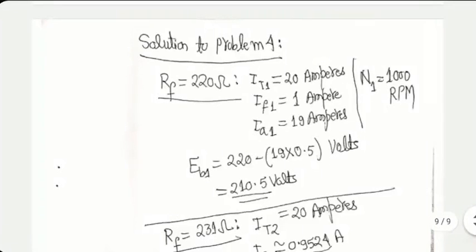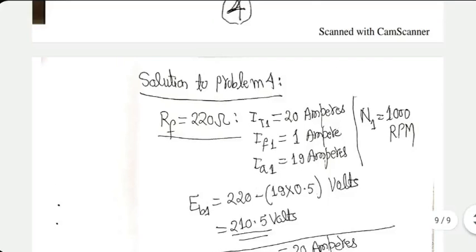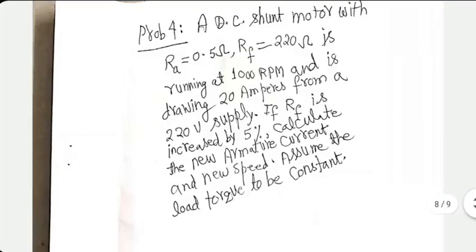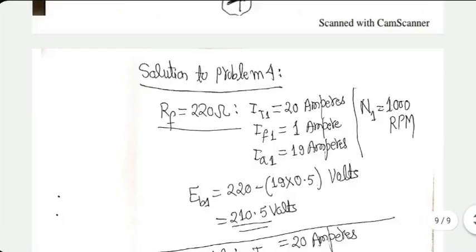So IT1 is 20 amperes, IF1, you can easily figure out, 220 volt divided by 220 ohm. So IF1 is 1 ampere. IA1 obviously will be difference of 20 ampere and 1 ampere, which is 19 amperes. EB1 can be figured out very easily. It turns out to be 210.5 volt. Part 1, straightforward.